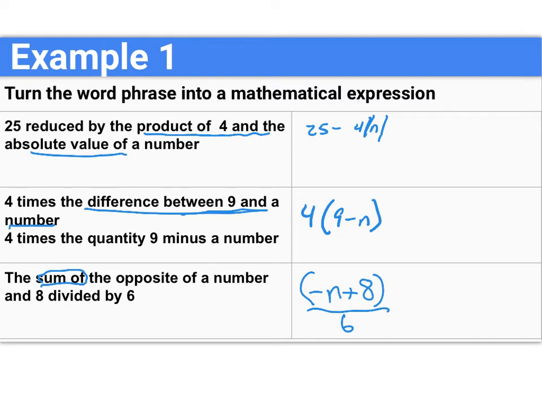So a lot of people will write negative n plus 8 over 6, but when we see an operator, sum, difference, multiple and all that, and a preposition, I almost forgot my English word there, we know that the next numbers or terms or whatever we have are going to go in parentheses.